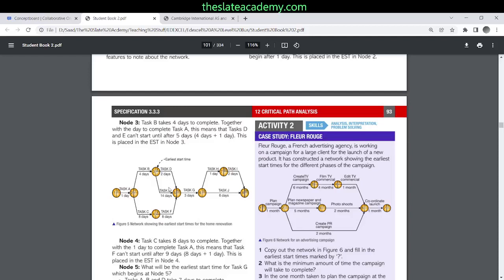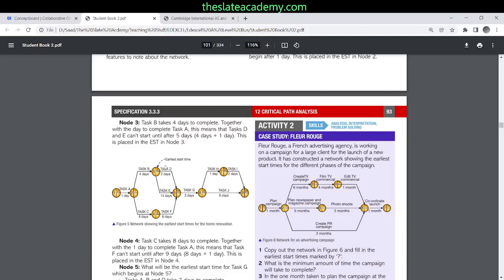But here it gets interesting. Task G depends on tasks D, E, and F. So I take the biggest one. If I go by task D, it would take 7 days. If I go through task E, it will take 19 days. And if I go through the task F route, it will take 17 days. So I will write the biggest one.